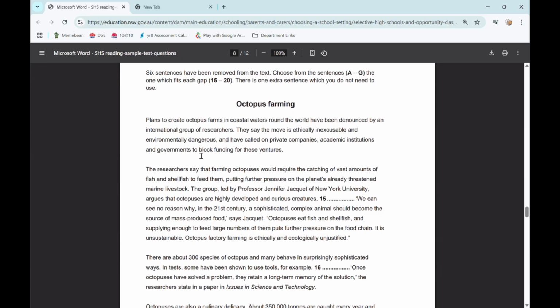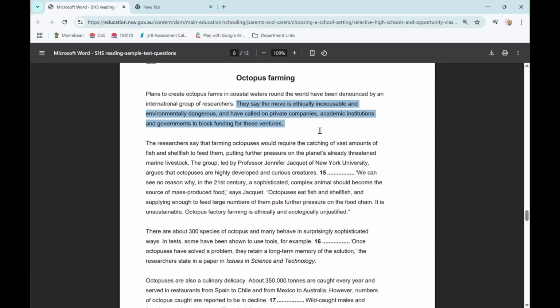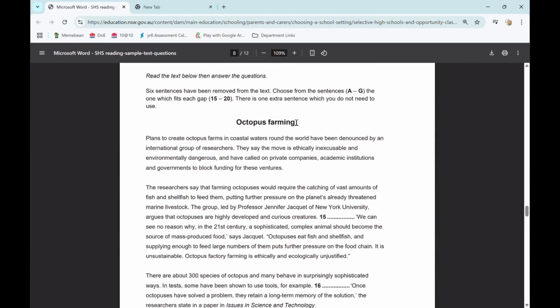Oftentimes a normal introductory paragraph tells you what they believe, which is that people shouldn't do this. They have been denounced by international groups of researchers. So octopus farming is bad. They also talk about what the next paragraphs are going to be about: ethically inexcusable, environmentally dangerous, and other things, right? So this is just an introduction.